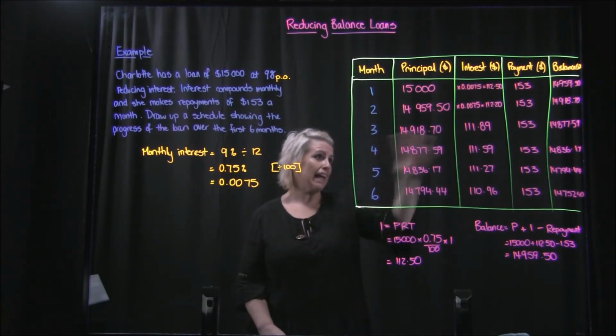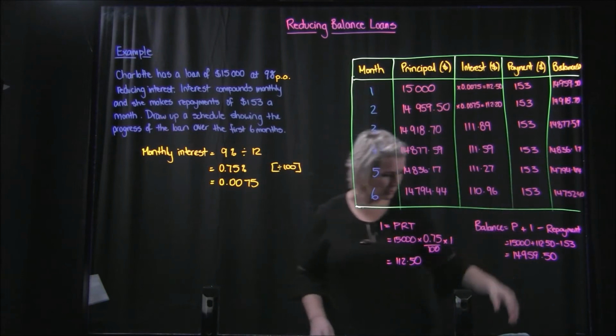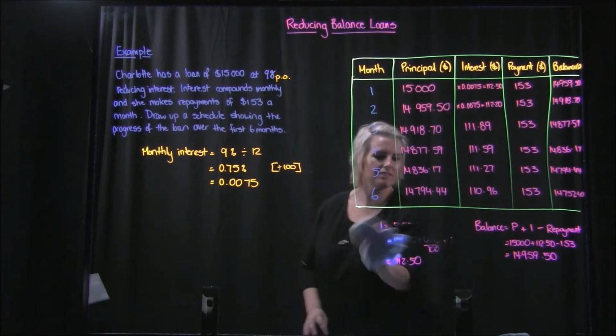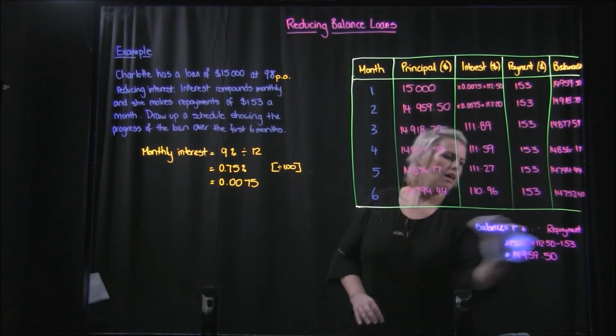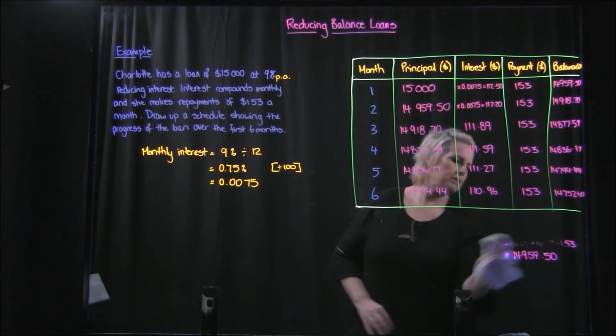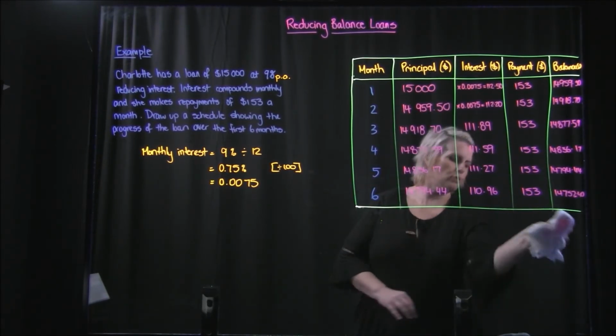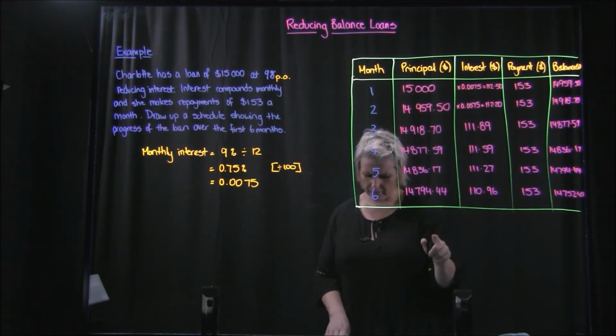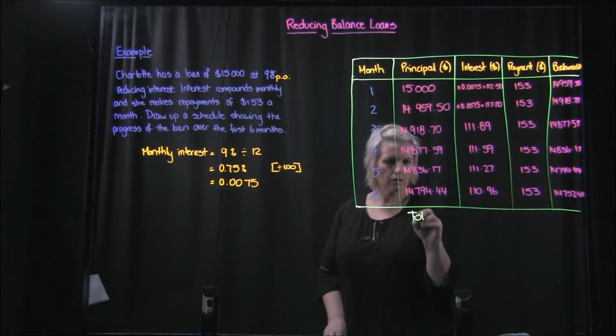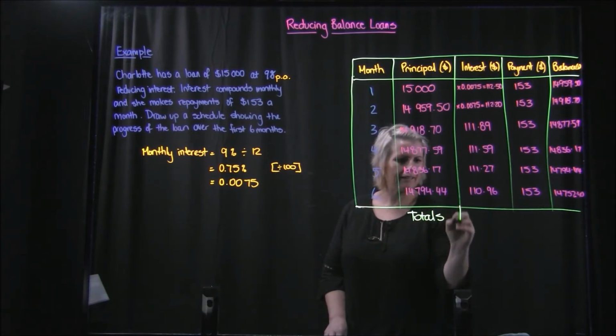Okay, so now we've filled in the rest of the table, making all of these calculations. I will get rid of those though, because the last thing that we really should be doing is looking at totals. It gives us a real idea of what they've done, you know, what they've had to actually pay.